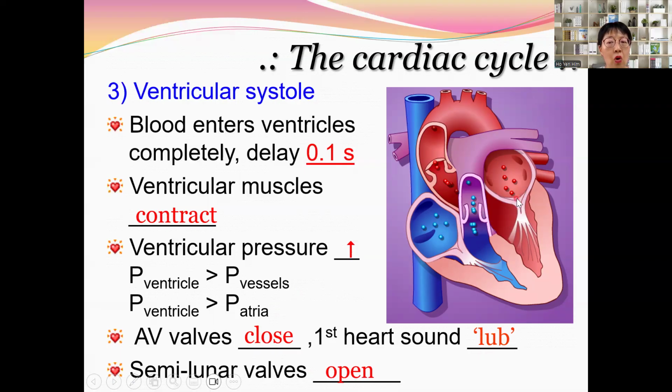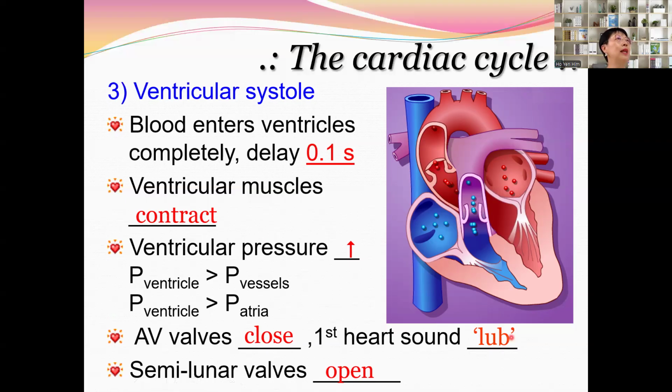So when the AV valve slams closed, you will suddenly hear a sound like you slam the door closed against the frame. You will hear the slamming sound, boom, like that, right? So in the heart, it will create a sound called the lub. A heart sound called lub, lub, lub.